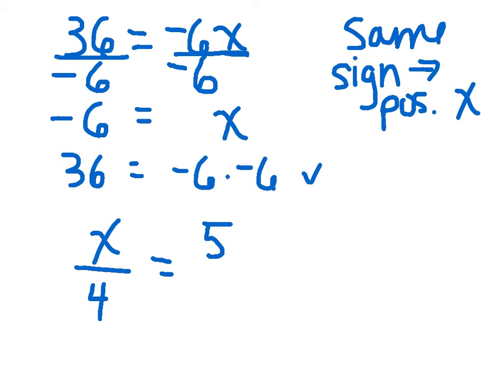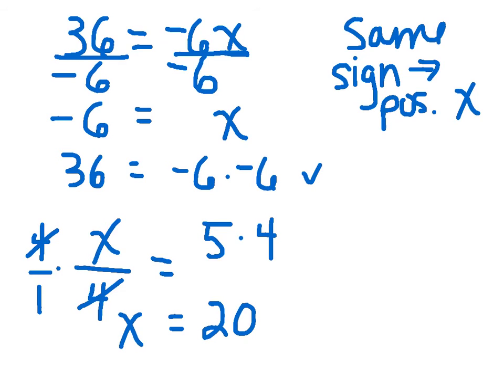Division. What undoes division? Multiplication. So one way of thinking about this is simply to multiply both sides by 4. You can extend this fraction bar. This is like saying 4 divided by 1. Any number divided by itself is equal to 1. So I've got x alone, and that equals 20.